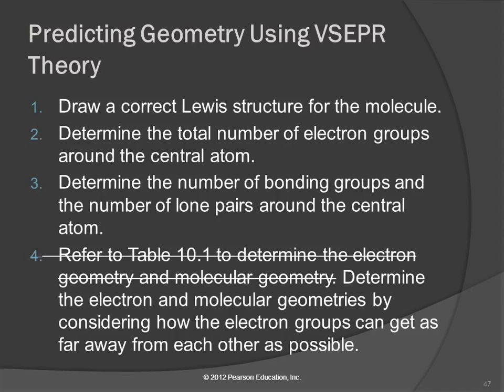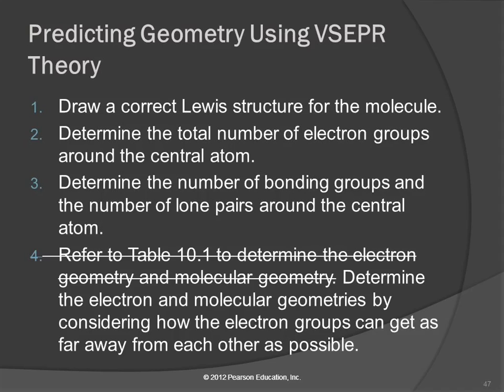So here are the instructions that your book gives you for predicting geometries. The first thing, you have to start with a correct Lewis structure. You look at the total number of electron groups around the central atom. A double bond is 1 group. A triple bond is 1 group. A lone pair is 1 group. A single bond, 1 group. And so then you figure out, okay, well, how are those going to arrange themselves? Then you see, well, how many lone pairs do I have?